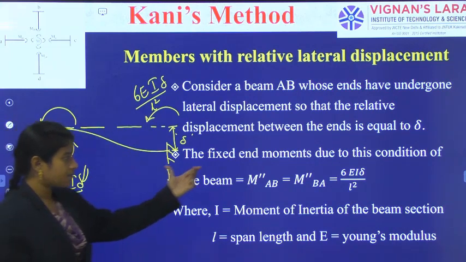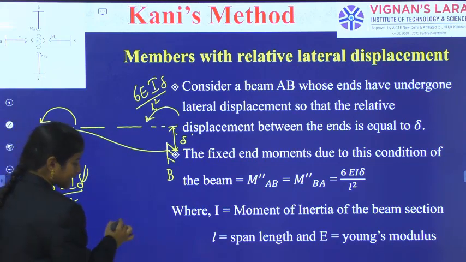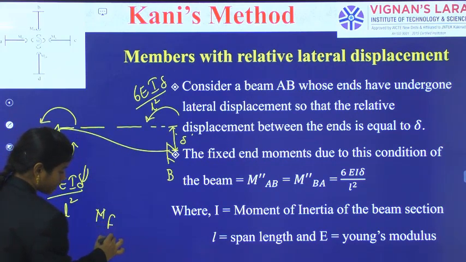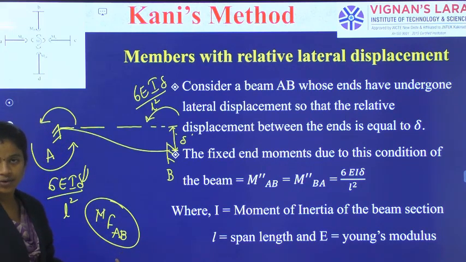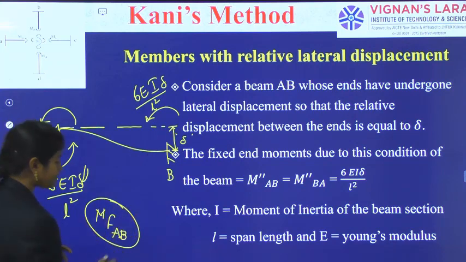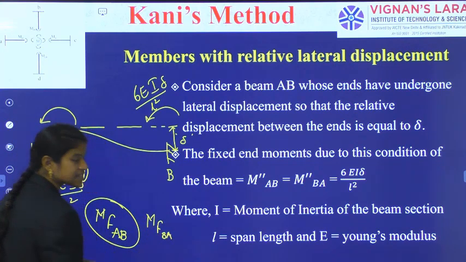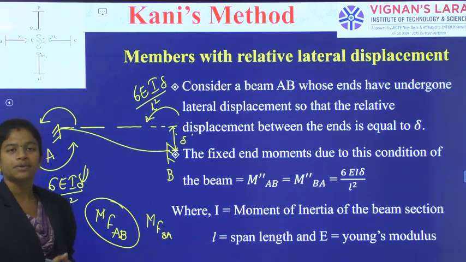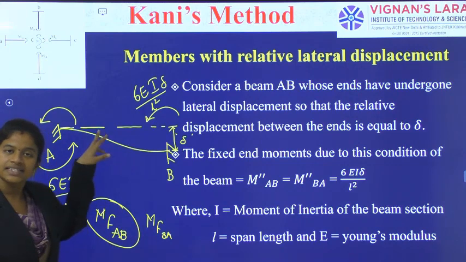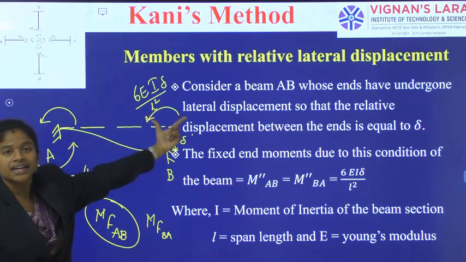Okay, now the fixed end moments due to this sinking condition we indicate as MF AB for the fixed end moment at A towards B due to the given loading condition. Next, fixed end moment at B towards A. So these two indicate the fixed end moments. But here the end moment has been generated due to delta sinking.